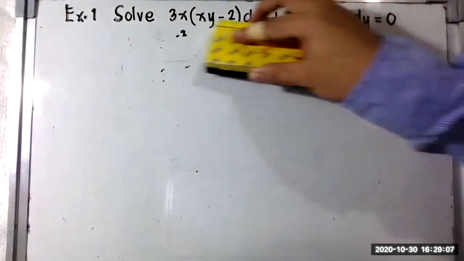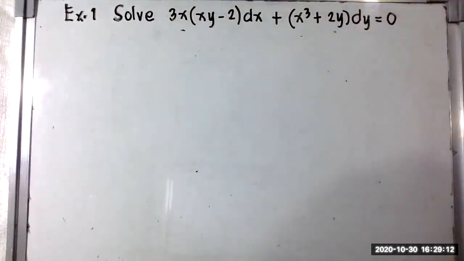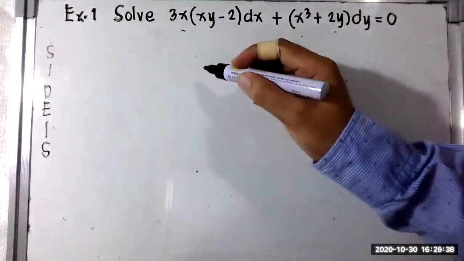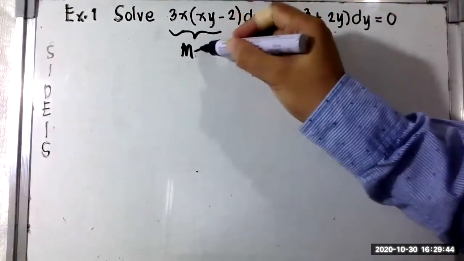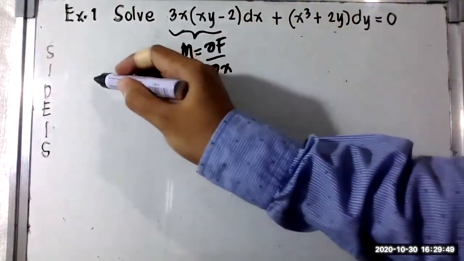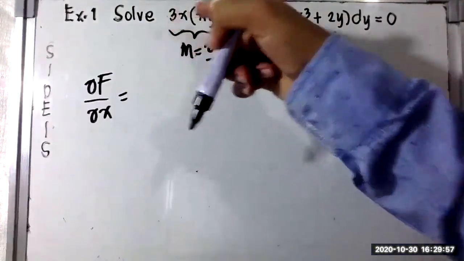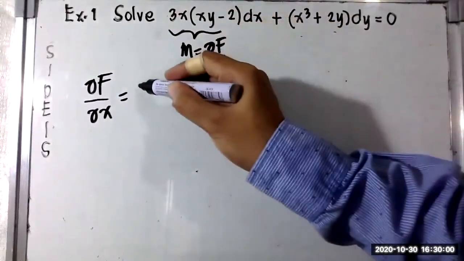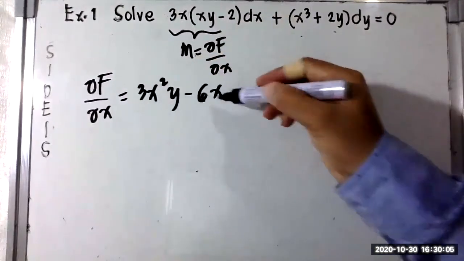using the long method. Remember the SIDE acronym that we have. The first step is you set. We will set this one to be our starting equation. You know that M is equal to the partial of f with respect to x. So we have the partial of f with respect to x equal to 3x times xy minus 2, which is 3x squared y minus 6x.